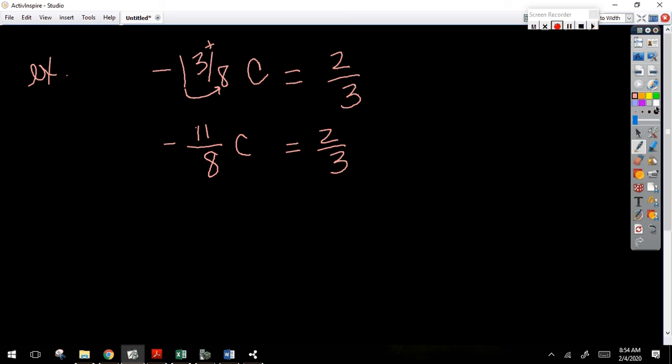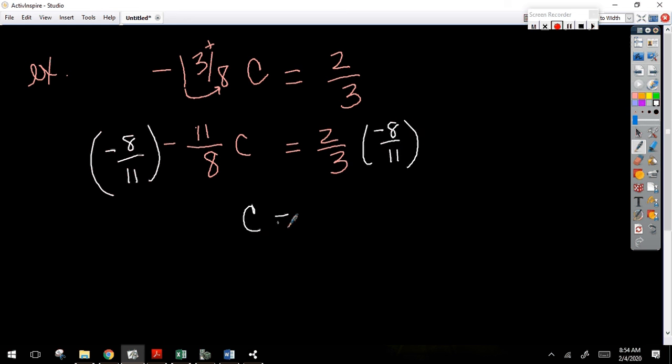What is the reciprocal here? Negative 8 over 11. You want to carry that sign with it. So negative 8 over 11. Negative 16 over 33. Does that make sense to everybody?